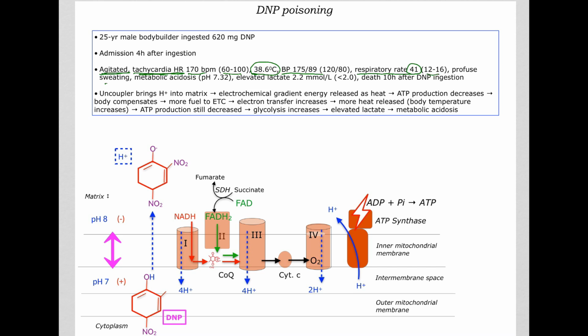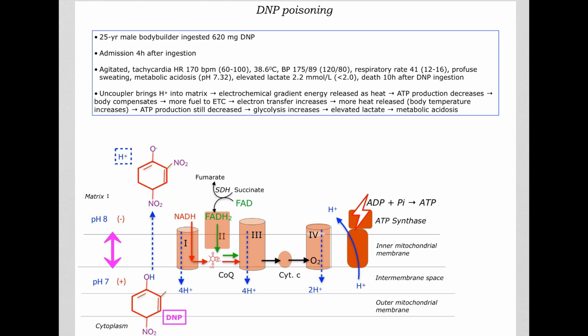He was sweating profusely. Because of the high body temperature, he had metabolic acidosis, so his blood pH was less than 7.4, on the acidic side. And his lactate concentration was elevated, 2.2 instead of a normal of less than 2. And he died 10 hours after DNP ingestion.